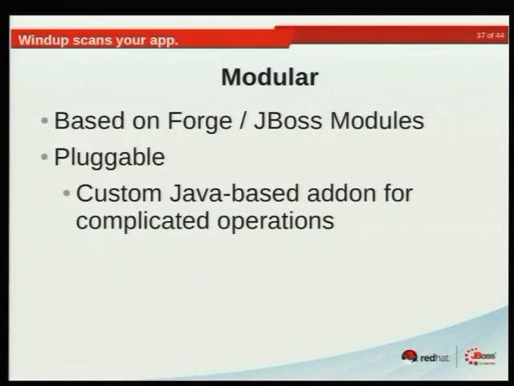You need to make your own module, put your own custom conditions and operations, and wrap it into an add-on, which is basically a jar, and put it to Windup's class path. And it will just load it, and if you made it well, then you will have your add-on available and your operations available in the XML rules.